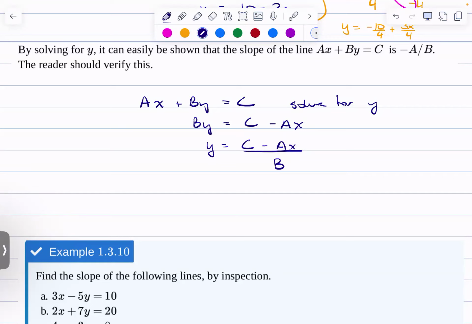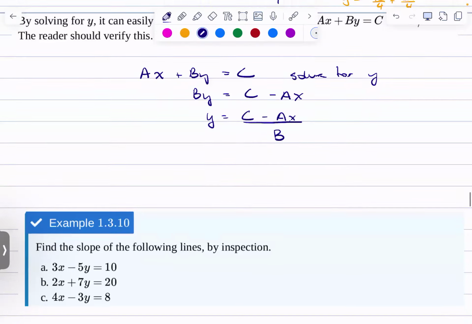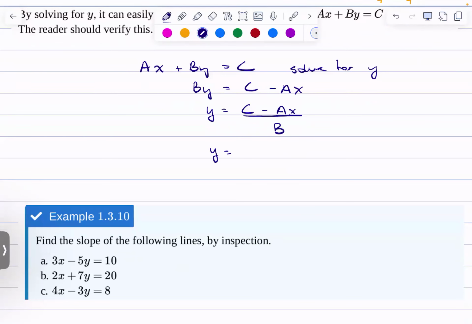Same method, right? If I want to rewrite these as separate things, then I have y is c over b minus a over b times x. Whatever is multiplying the x is the slope, negative a over b, in the form y equals mx plus b.